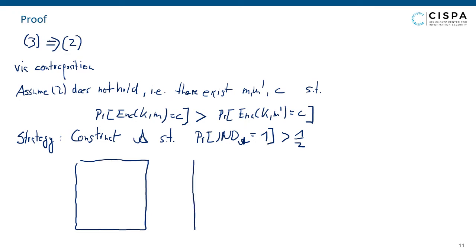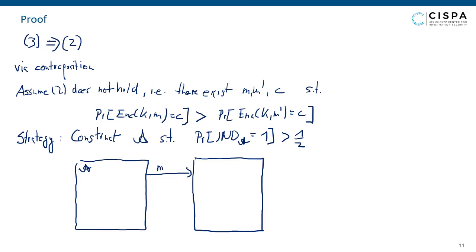Let's write down both the adversary and the challenger. What does A do? Well, as messages M0 and M1, it will just use these M and M prime, whose existence was just given to us by assuming that property 2 is false.